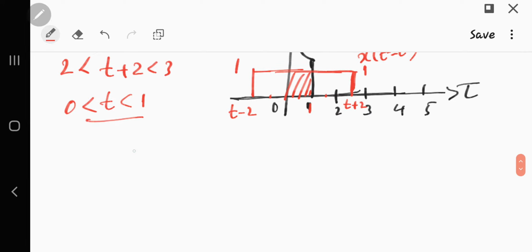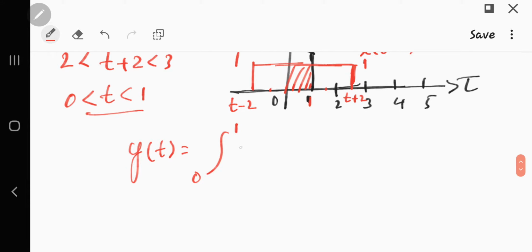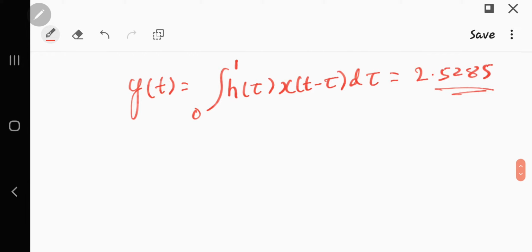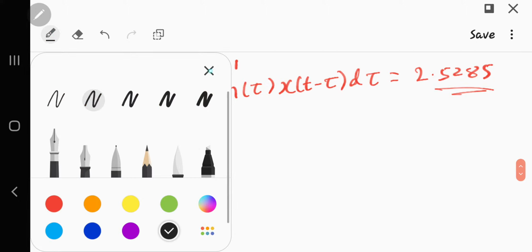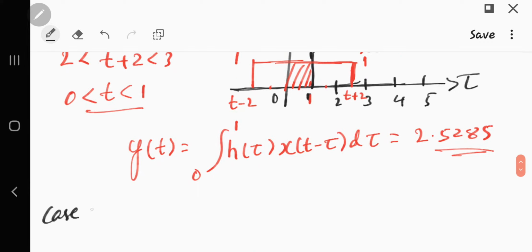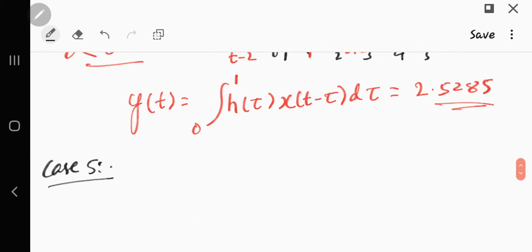And since y of t is having the same overlapping region between 0 and 1, so if you perform integration of these two products, so you will end up with again 2.5285. Okay, so let's move to the next case. I'm just taking the next one, case 5.